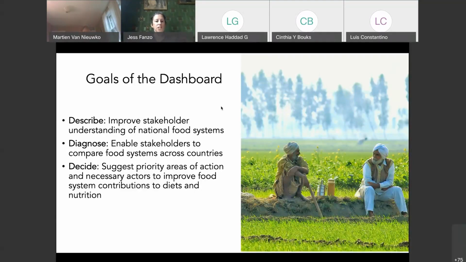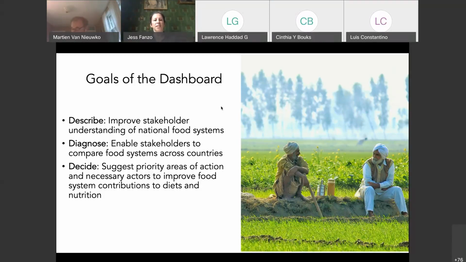So right now, the dashboard is describing food systems, helping stakeholders understand what food systems look like in different countries. We're now working on two other pieces: diagnosing, the ability to assess how food systems are functioning and compare them to other food systems across countries, and the decide tool.